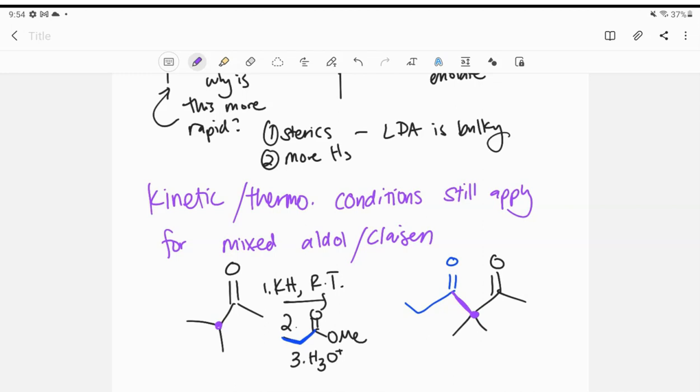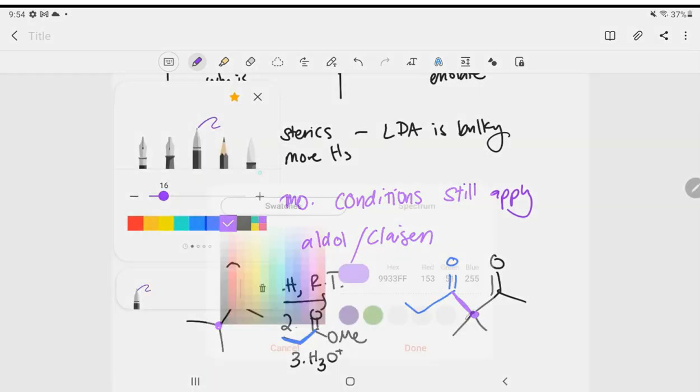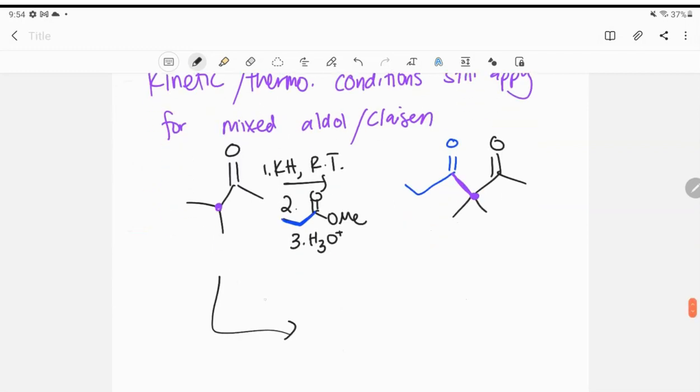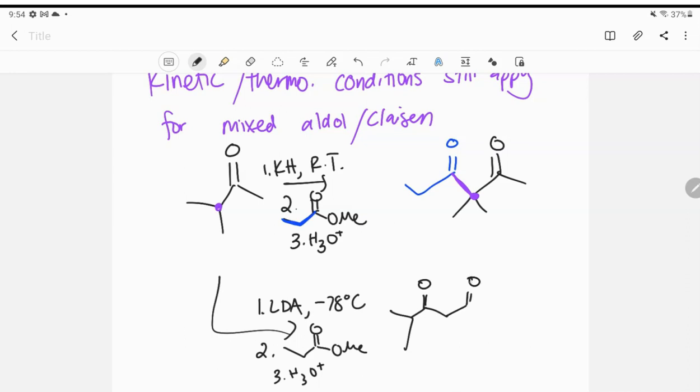All right, if we did LDA instead, low temperature, same ester, we'll end up putting it on the other side.